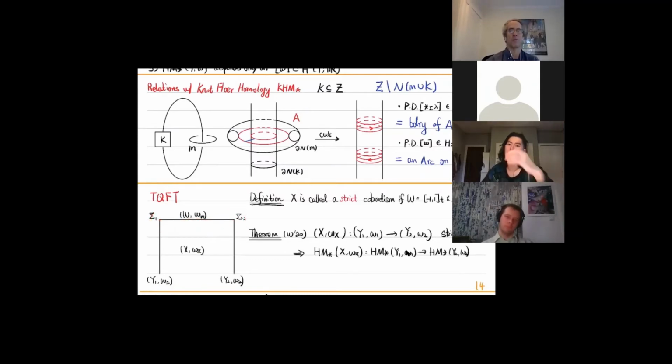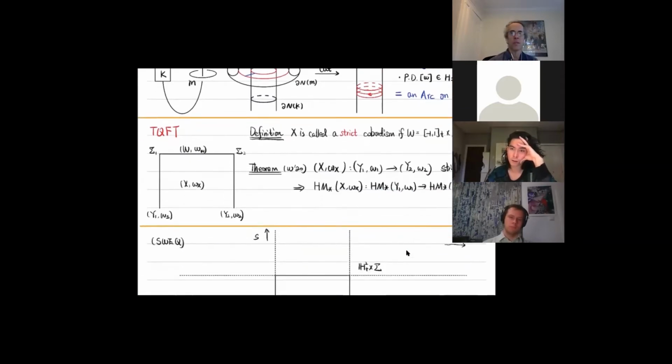Such a cobordism is called strict if this horizontal manifold is a standard product. So this is, of course, very restrictive, and it forces sigma 1 to be identical to sigma 2. But under this condition, we can indeed construct this cobordism map from the Floer homology of the first pair to the Floer homology of the second pair.